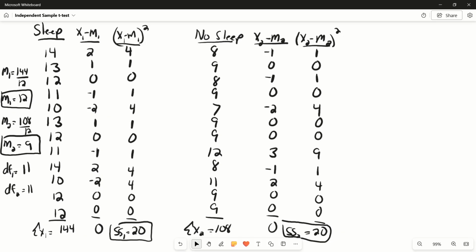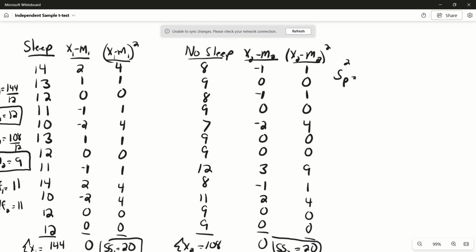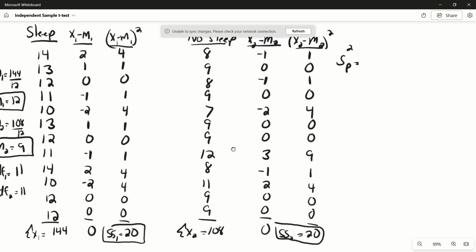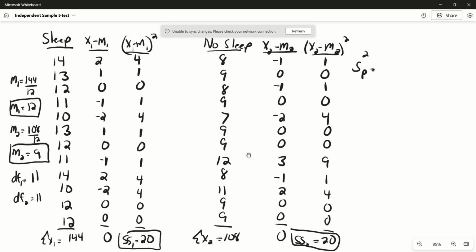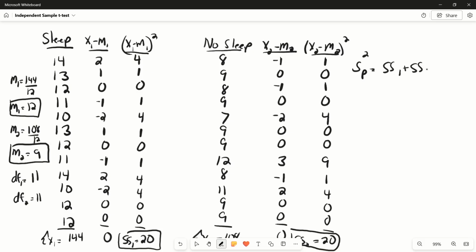Now we're going to compute the pooled variance estimate. Our pooled variance estimate is going to be sum of squares 1 plus sum of squares 2 over degrees of freedom 1 plus degrees of freedom 2.